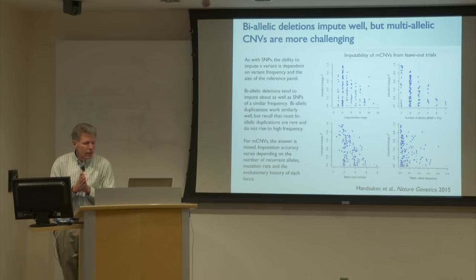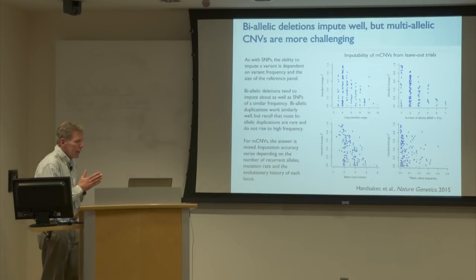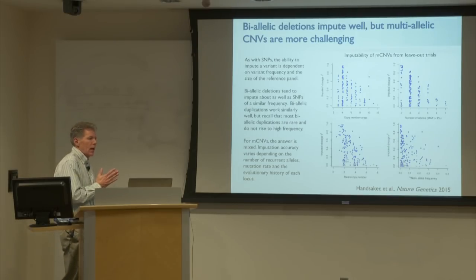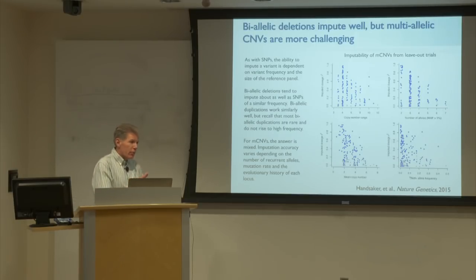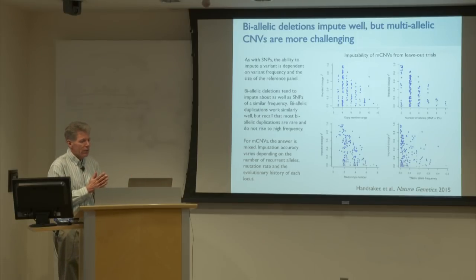So imputation of structural variation really depends on the kind of variant. So biallelic deletions, in general, tend to impute fairly well. They impute about as well as biallelic SNPs do, as long as they're well ascertained and in well-behaved regions of the genome so that there are SNPs flanking them, and SNPs we can reliably call that are flanking them.